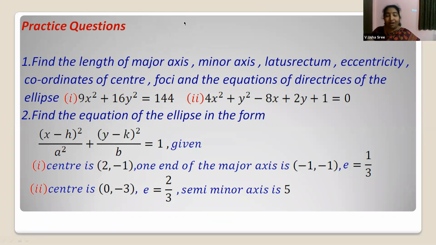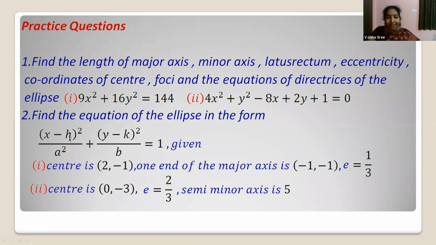You can always calculate major axis, minor axis, latus rectum lengths, eccentricity, coordinates of the center, foci, and length of the directrices by making use of the formulae we have discussed. But before that, you need to reduce the given equation to the standard ellipse form. That is very, very important. Only then can you calculate all this comfortably.